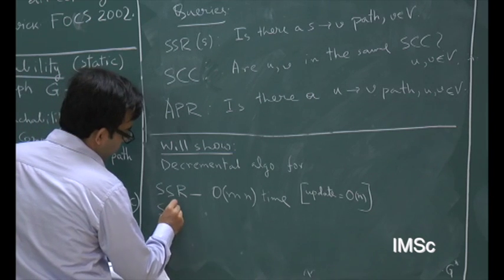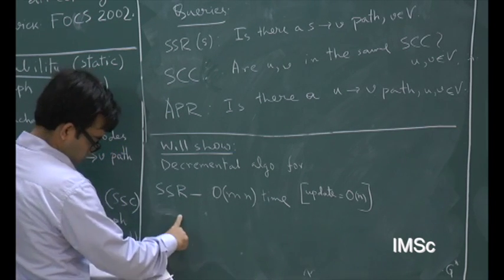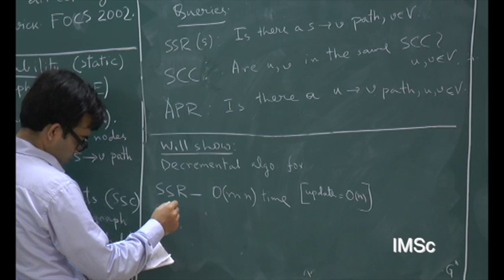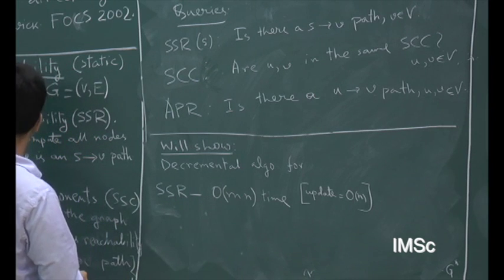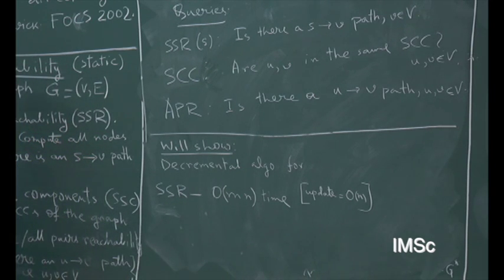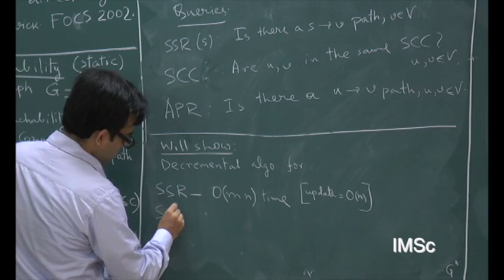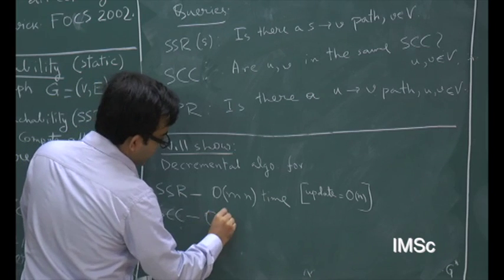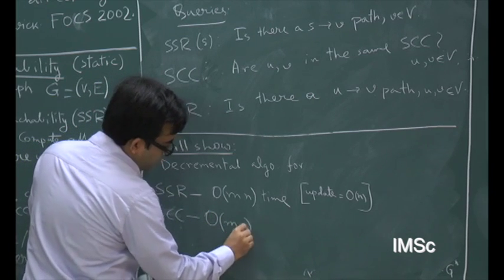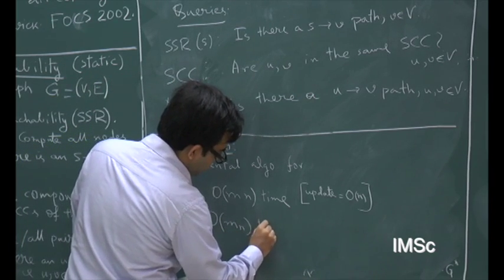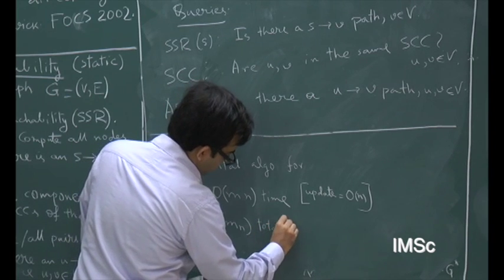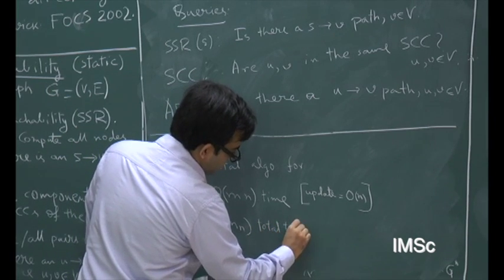For strongly connected components, it should be SCC. Why am I writing SSC? This is strongly connected component. We will again get the same total update time. But what will be the query then? I am coming to that. Queries will come in between updates.